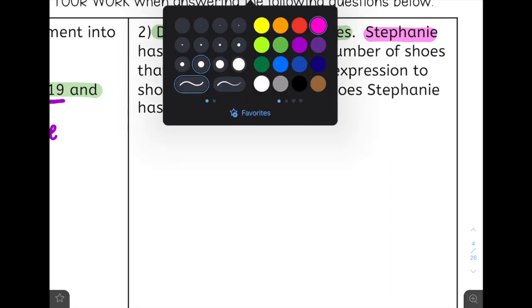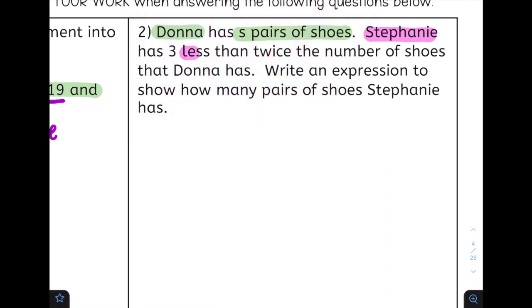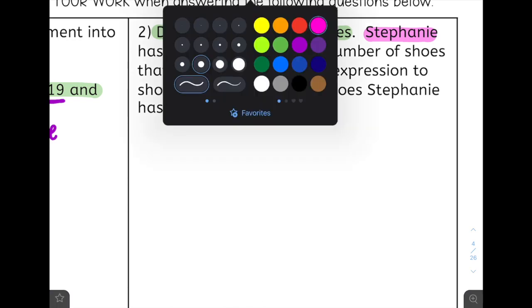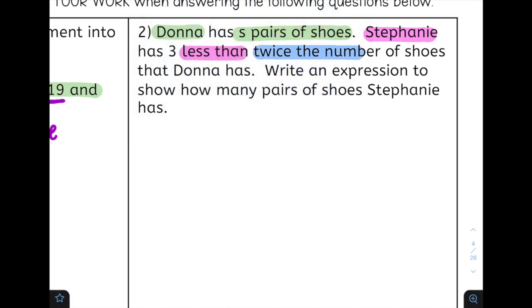So before I do that, we have 3, we have less than, and then we have twice the number of shoes that Donna has. So we're going to write an expression to show how many pairs of shoes Stephanie has.